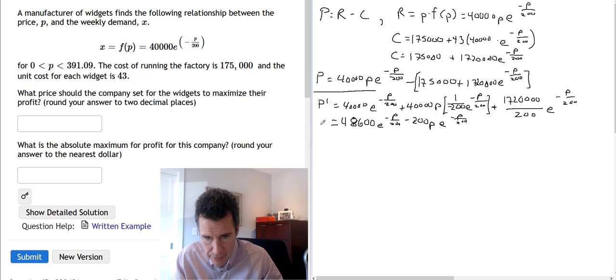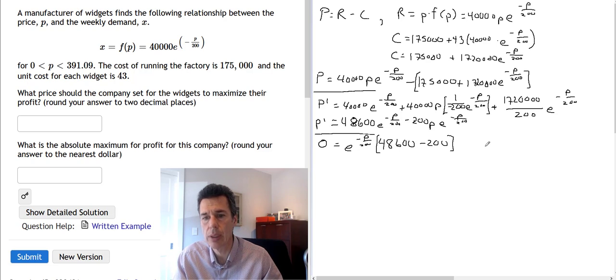Okay, this is our derivative, and for critical numbers we set it to 0. I'm going to factor out e to the negative p over 200 times 48,600 minus 200p. Now, this exponential term is never 0, so the other term must be 0 for a critical number.